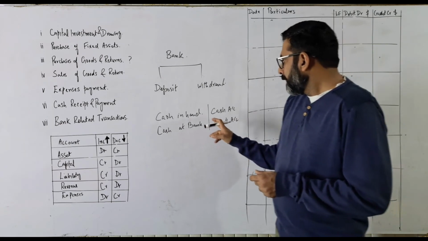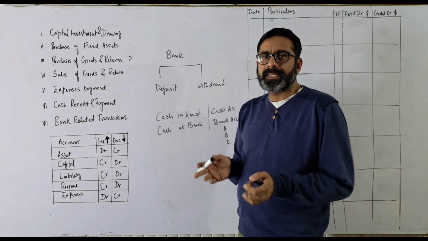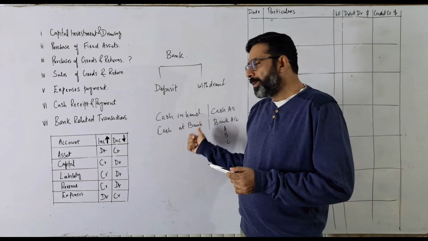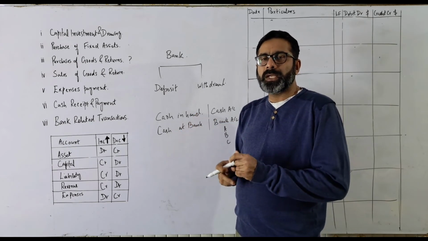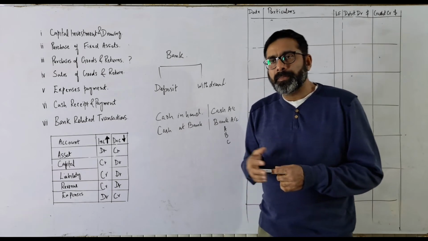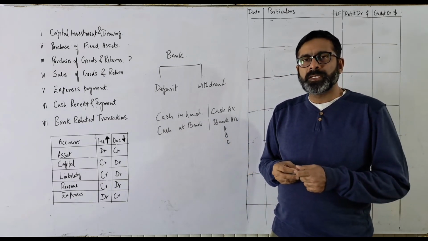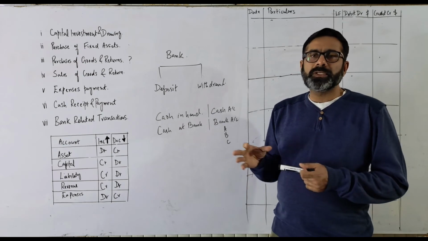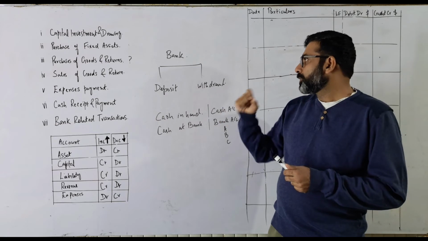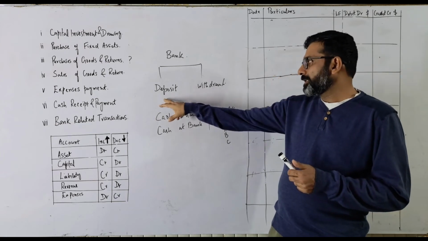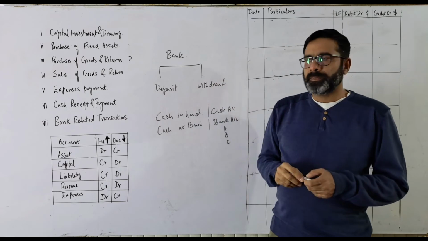Now, whenever we write cash, it means hard cash, the physical cash that is available. When they write bank, it means the amount that is invested or deposited into the bank. Now, the amount that is invested or deposited may be for safety purposes, or they just want to get some interest from that. So now we will discuss two main transactions regarding the deposit into the bank and the withdrawal from the bank.